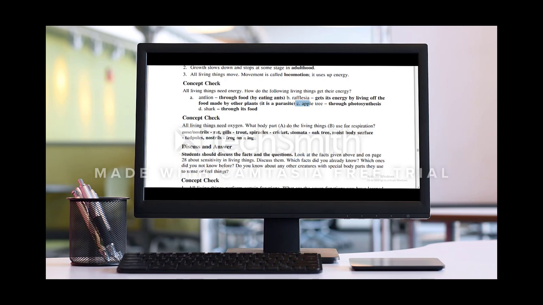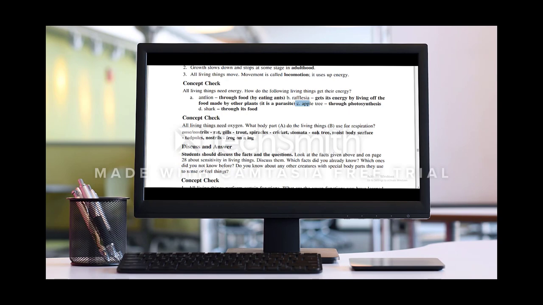Third concept check is from page number 29. All living things need oxygen. What body part do living things use for respiration?